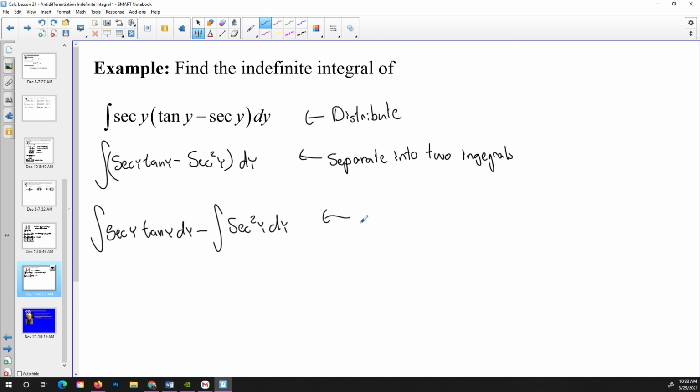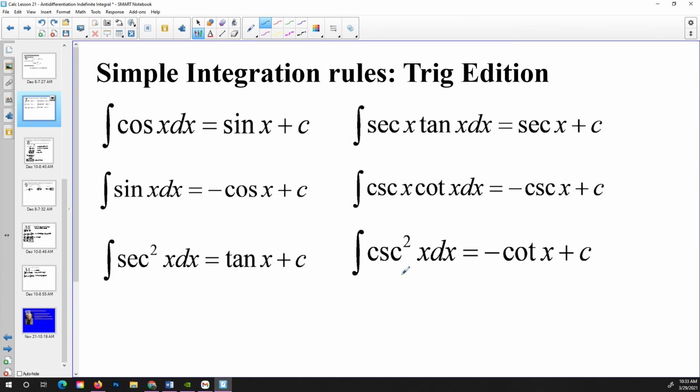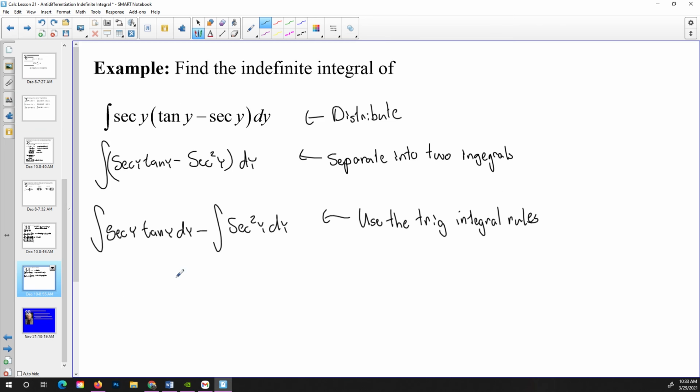And now we're going to use the trig integral rules. And luckily for us, if we go back up to here, the integral of secant x tangent x dx is just secant x plus some constant c. All right, awesome. So this one is just secant y.